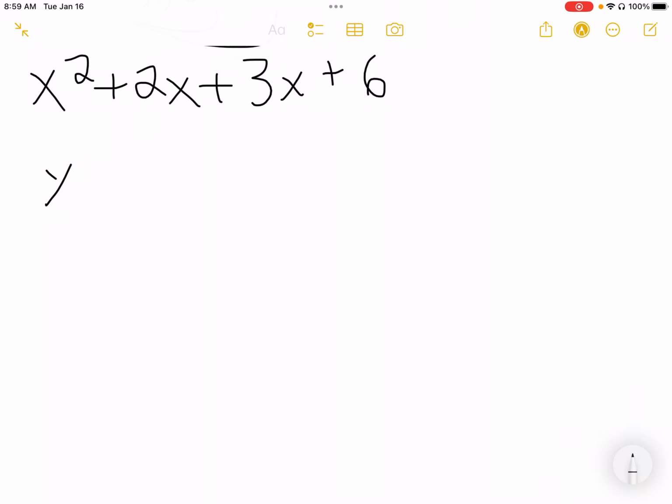So let's say we have x squared minus 7x plus 10. This is similar to the one that is written there.